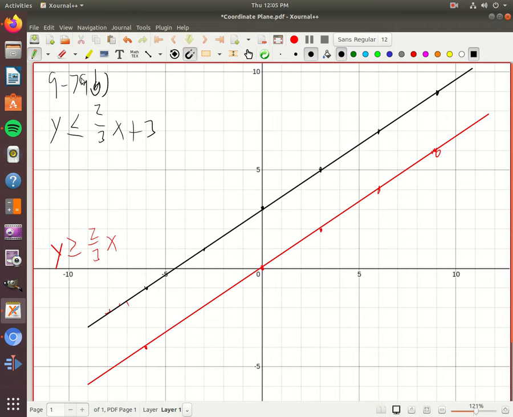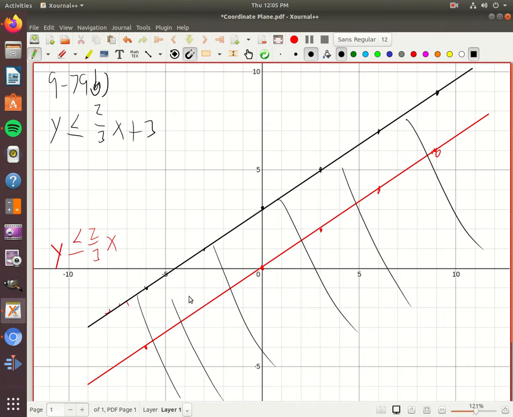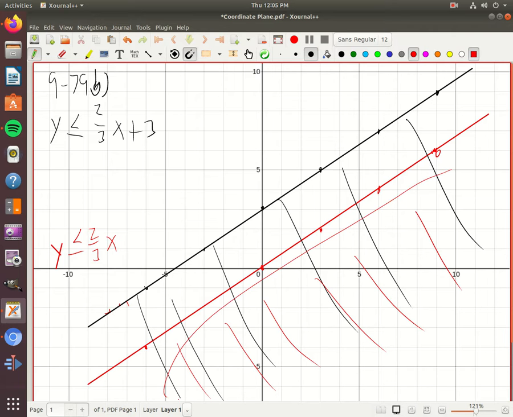So it's going to be less than or equal to here, and it's going to be less than or equal to here as well. So B is asking a slightly different question. So again, less than on this line is going to be here, and then now less than or equal to this line is going to be here. So my solution of B will be this bottom chunk down here, not the middle and not above.